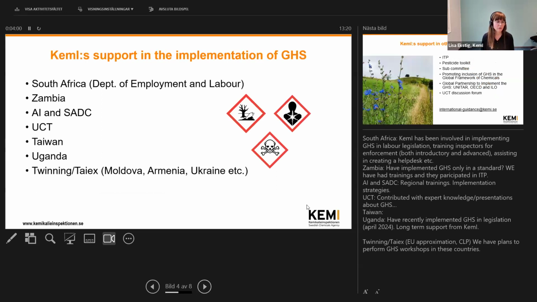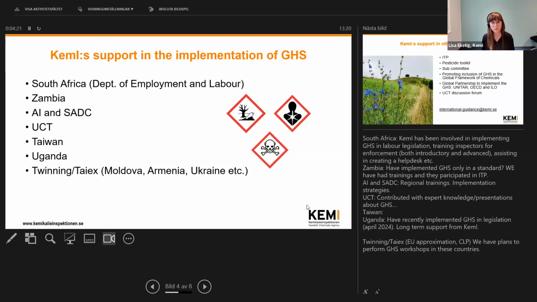These are some of the countries and organizations we have worked with during the years with the implementation of GHS. For example, we have worked for a long time with South Africa, Zambia, Taiwan and Uganda, and a lot of other countries. These are just some of them.